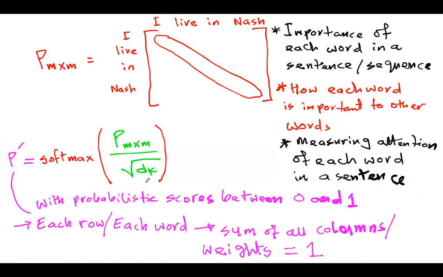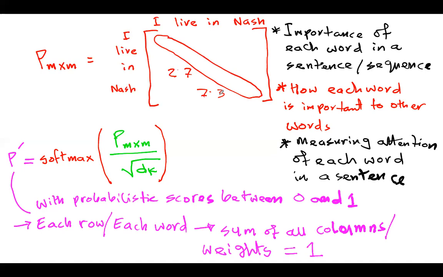And the result of the softmax, as you know, is a matrix where all the entries are probability scores. So let's say if there are some values, for example, 2.7 or 7.3, we are scaling them down to probabilistic scores between 0 and 1.